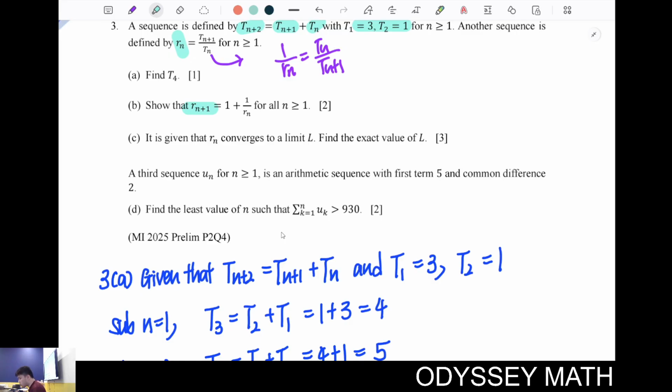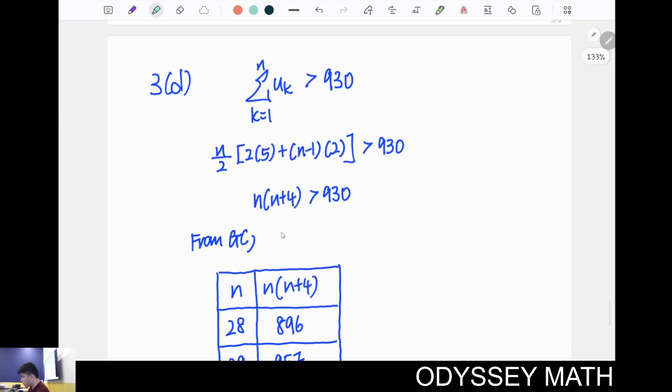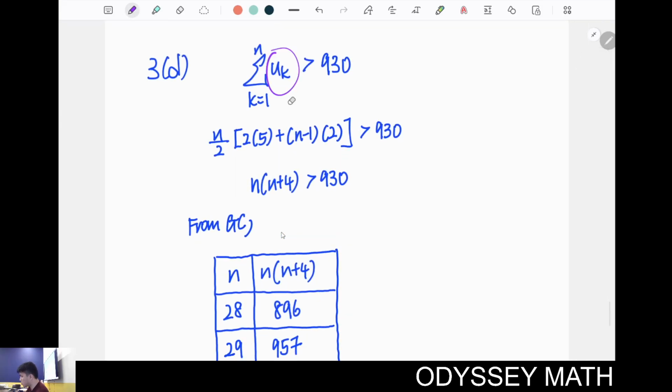For this question, we noted that this sequence Un is an arithmetic sequence with first term 5 and common difference 2. The summation is just u1 plus dot dot dot plus un.